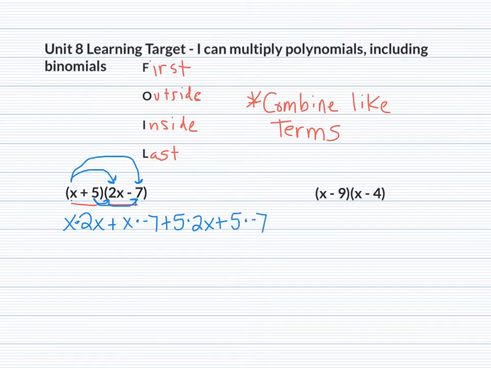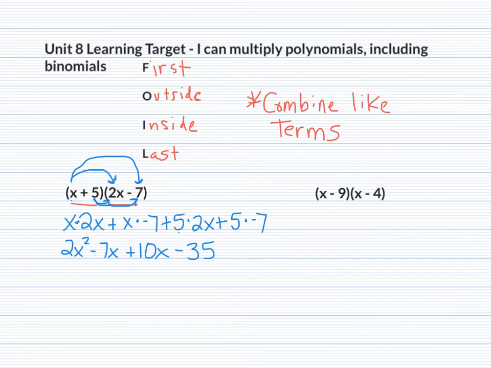All right, so if we multiply all of those together, we've got 2x squared. Okay, -7 times x is minus 7x. 5 times 2x is plus 10x. And 5 times -7 is minus 35. Okay, so we did first, outside, inside, last.